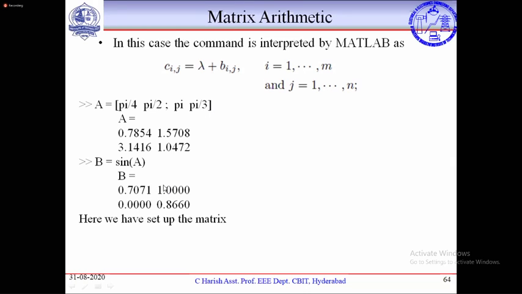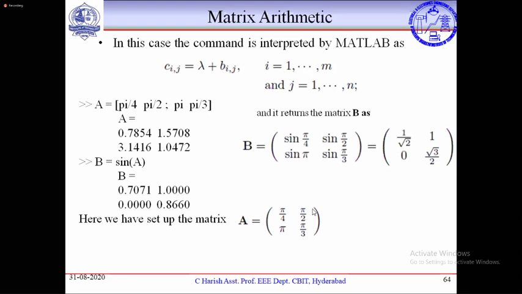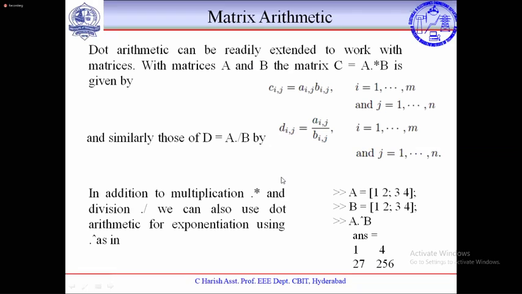So you need not write sine of each and every value every time. Just write sine of A, and the sine of each and every cell value of the matrix will be computed. This is the way it returns. When you write B equal to sine of A, you will generate this.